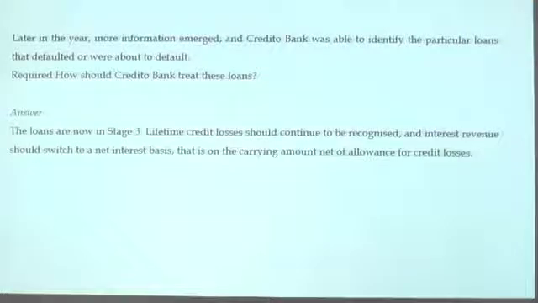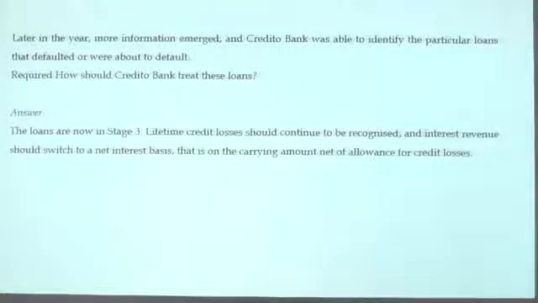Later in the year, the same creditor bank story, right? Later in the year, more information emerges. You previously received only the downturn of the manufacturing, the garment industry. Now you are getting additional information, and the creditor bank was able to identify the particular loans that were actually defaulted by the customers.